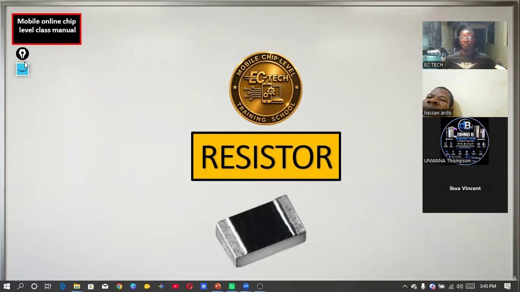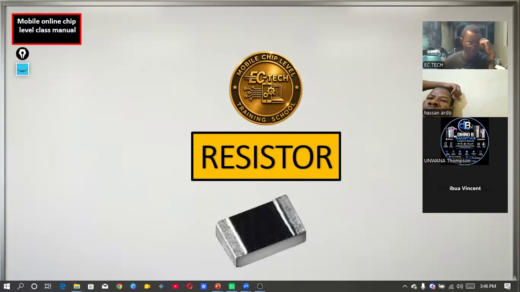Yes, it's true, but they are not doing magic. They also dedicate themselves to understand how things work. So if you understand resistor very well, phone repairing will be easy for you, even electronics generally. So it's a controller of a circuit.